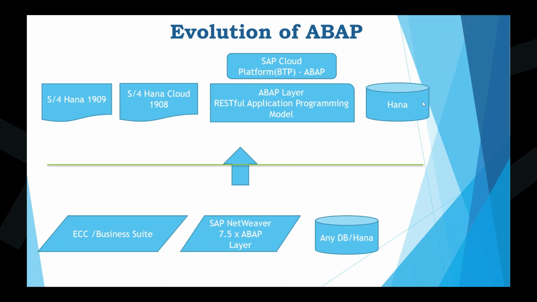Whereas in S4 HANA, all your queries running in ABAP CDS views run on top of the in-memory database. It is not running in the application server. The technology is different, but while retrieving the data it runs on the database, not on the application server like in the ECC system. This is a major advantage: not getting dumps, because it is happening at the database level. Did I answer your question?